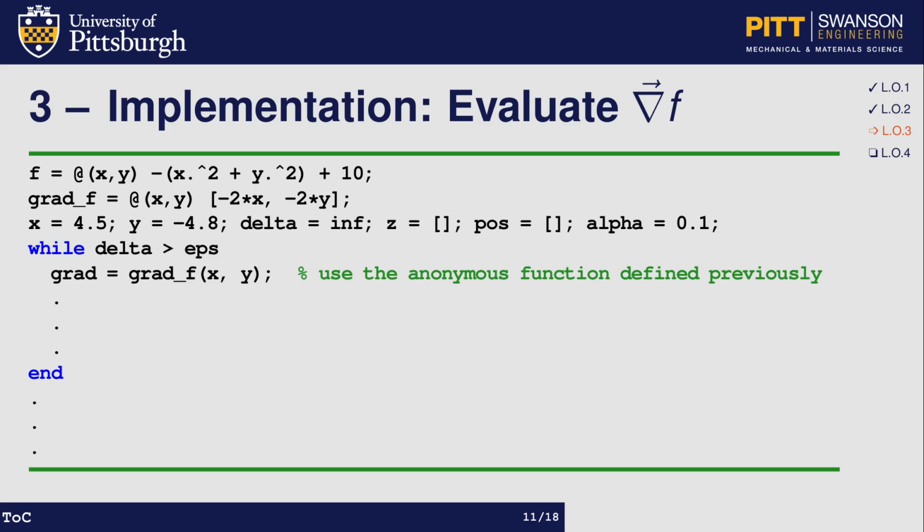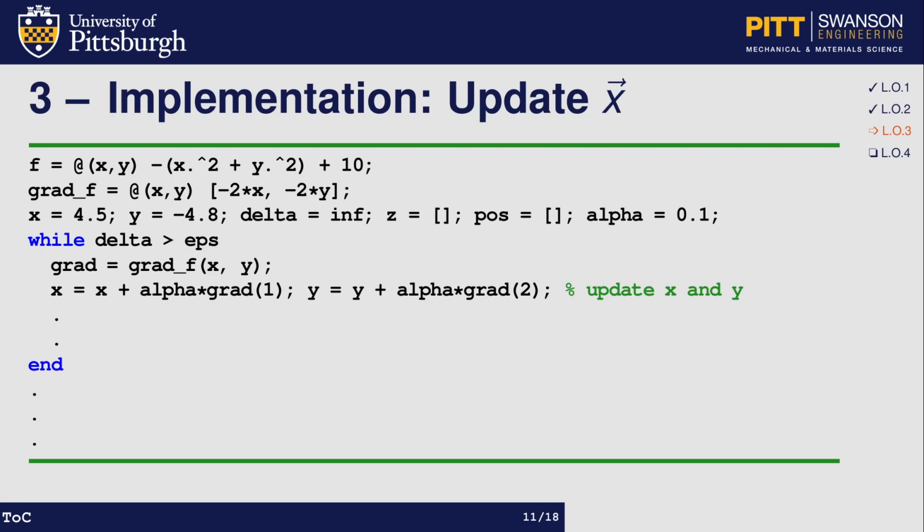And the first thing to do within that loop is to actually evaluate the gradient, because we use that to then update the values of x and y, the two coordinates. And again, this is following the formula from before. We're using x equals the previous value of x plus alpha times the gradient in x, and for y, we do the same thing.